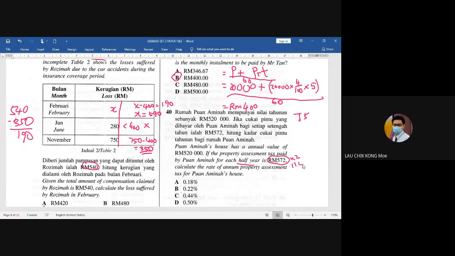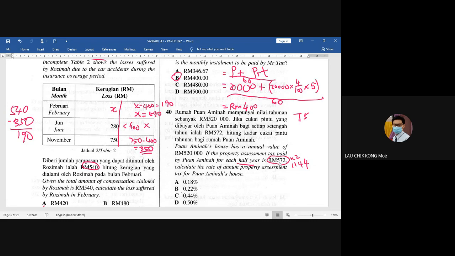So 1,144 per year. Kalau cukai pintu itu 1,000 lebih itu memang mahal lah 1 tahun. Okay, kalau di Sibu 1 tahun pun 7,800 setahun untuk harga yang 500 lebih ribu.